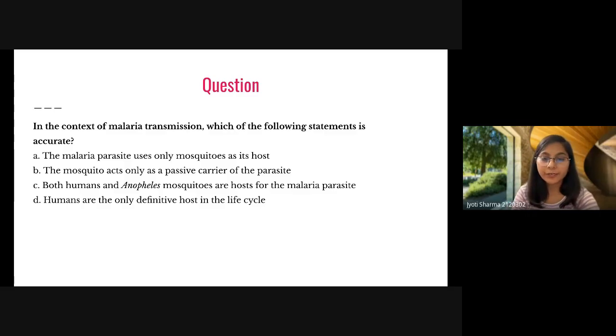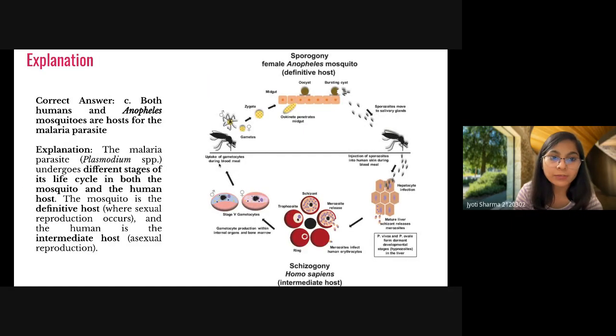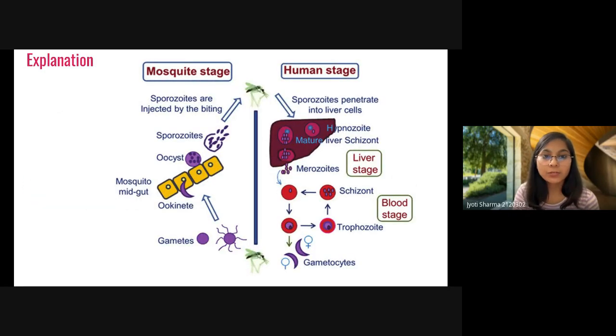We already talked, right, that the Plasmodium parasite does not have only one host, the Anopheles mosquito, but the host is also human. So the malaria parasite has both human and the Anopheles mosquito that act as hosts. Here, I think this figure will give you a better idea.